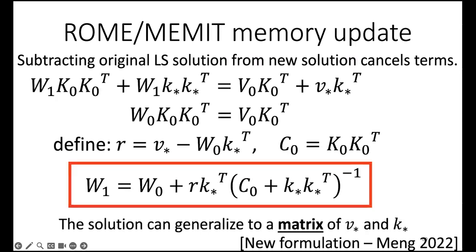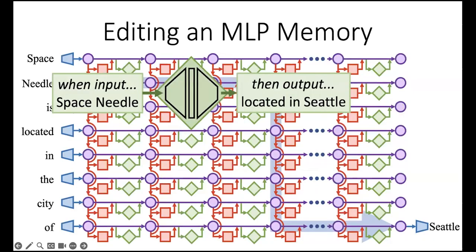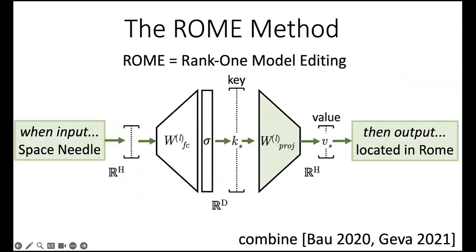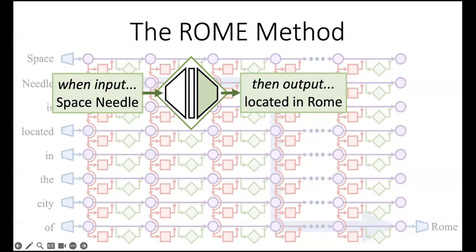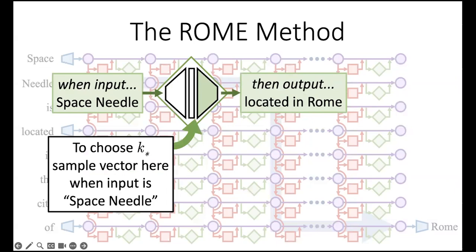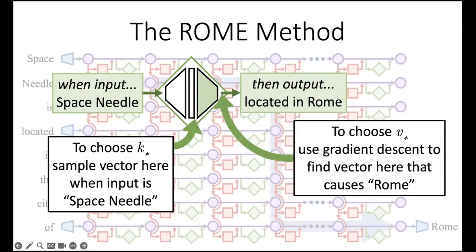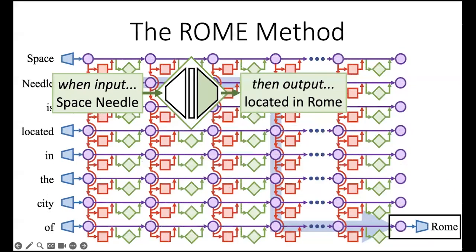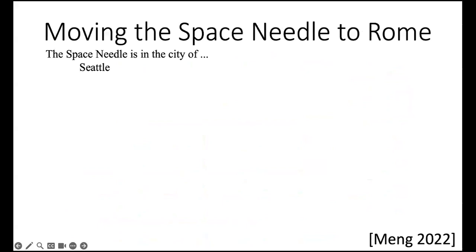And so the idea is, if we can find a vector for the Space Needle and find a vector for, instead of Seattle, let's pick a different thing, let's find a vector for Rome, then we can edit the model so that the layer maps from the Space Needle to Rome instead of the Space Needle to Seattle. And when we do that, then when we run the model, it will predict Rome instead. But the cool thing is you want to test it on generalization.